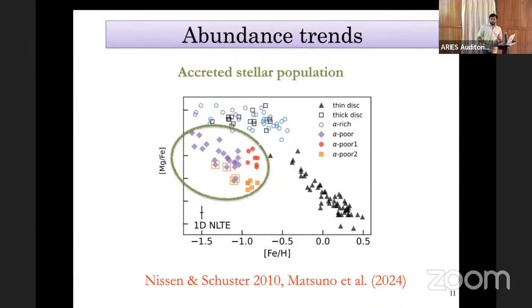While magnesium abundance clearly shows lower values of magnesium for these stars compared to the Milky Way in situ population. So this also helps us to separate out the different merger populations as well.